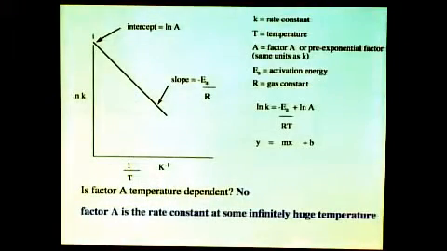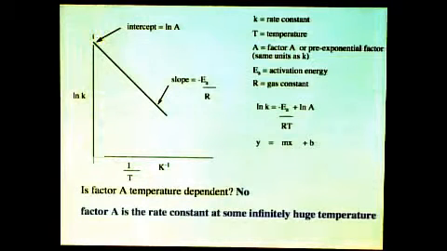So let's think about what factor A is. Factor A is the rate constant at some really, really large temperature. If we look at this plot, the natural log of k equals the natural log of A, or k equals A, if you're along this axis here.